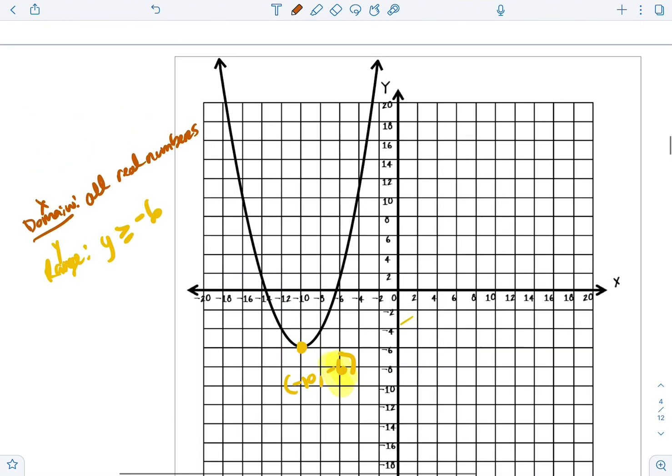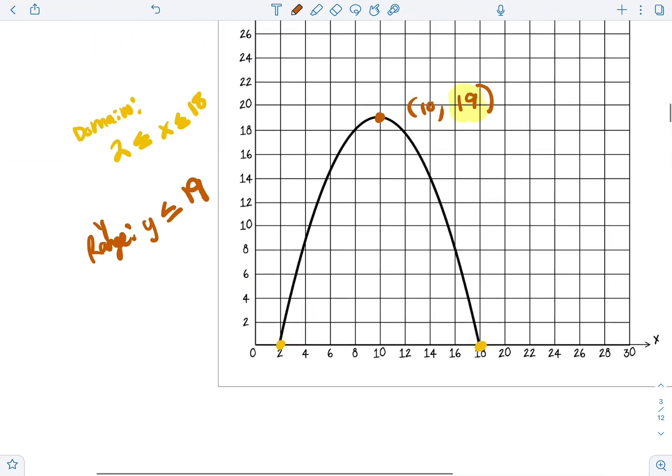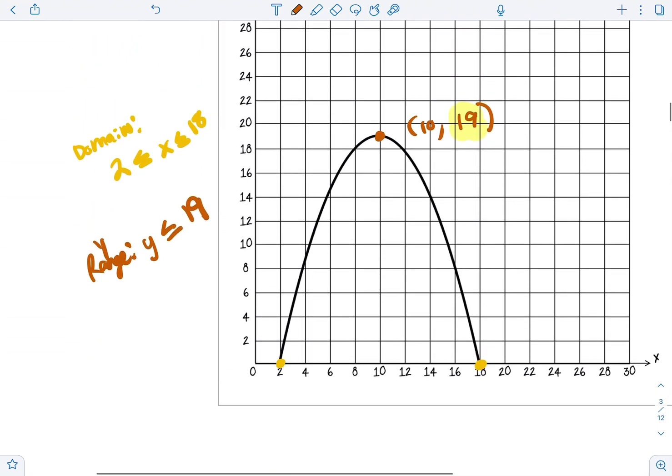Now I need to go back up here to make sure that I didn't make a mistake, and it looks like I did. Since we start right here, when we talk about the range, it's important that I not just say y is less than or equal to 19. I need to go back here and do a correction. It's not just less than or equal to 19. It has to also be greater than 0. So we have to say our range is in between 0 and 19 since the graph starts right here.